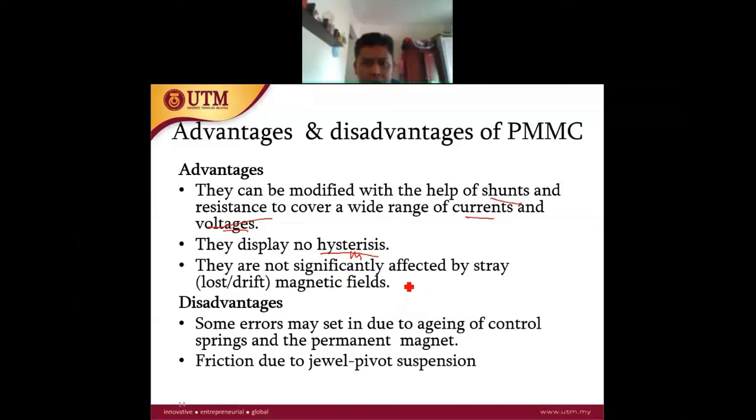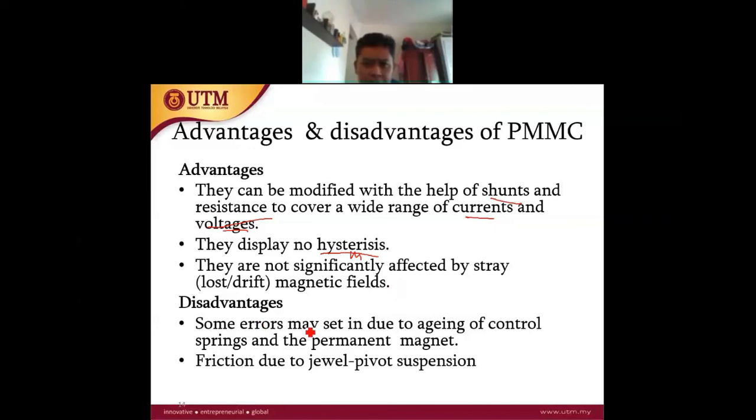They are also not affected by the magnetic field produced by other devices, so they remain functioning properly even when other magnetic fields come near the device.